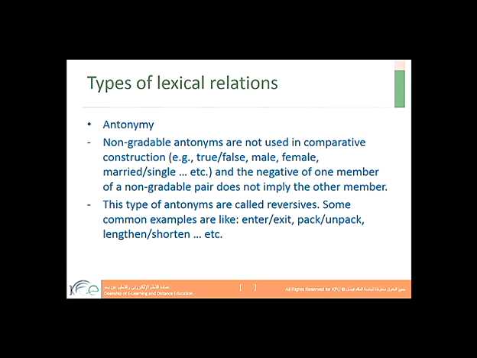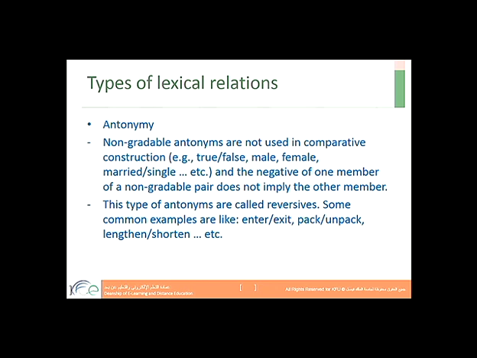The second type of antonyms are known as non-gradable antonyms. Those are antonyms which are not used in comparative construction, for example, true and false. With such words we can't use the comparative form. The opposite of true is false. The opposite of male is female.